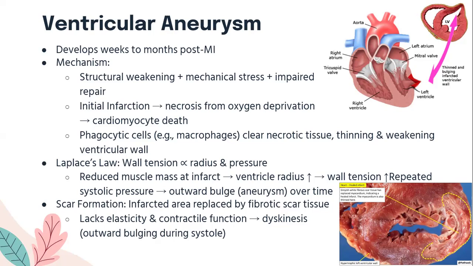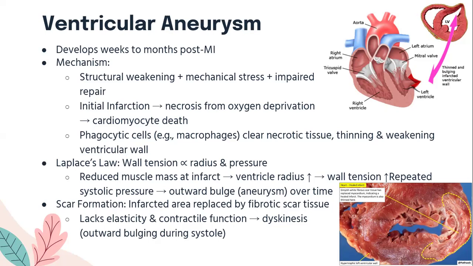Next, scar formation, also known as fibrotic scar formation. As part of the healing process, the infarcted area becomes more fibrotic, a microscopic change, creating scar tissue, a macroscopic change. However, the scar tissue lacks the elasticity and contractile ability of healthy myocardium.